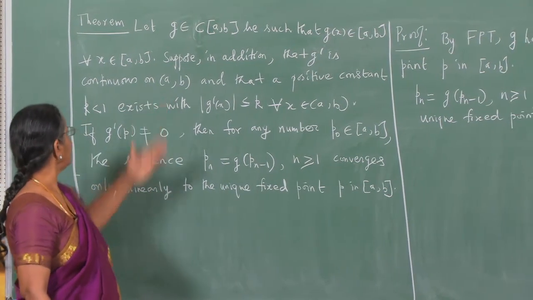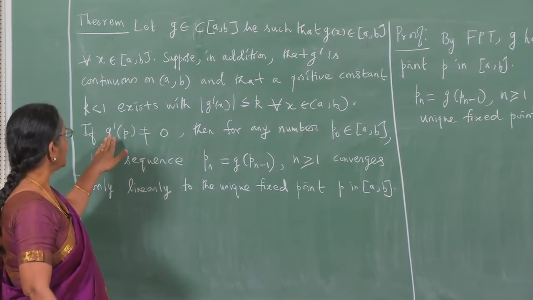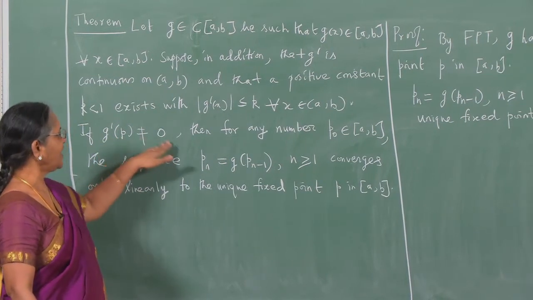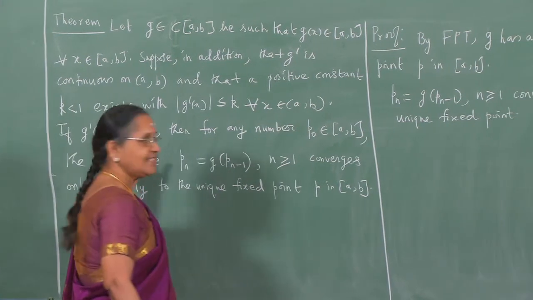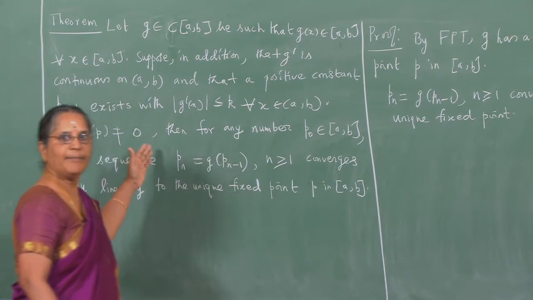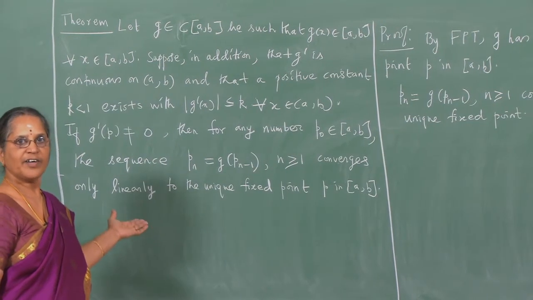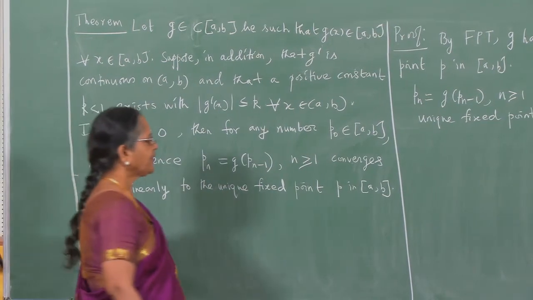This is what we have to show. What is it that is given to us? It is given that g dashed of p is different from 0. So, let us make use of this and then show that the method has order of convergence 1.